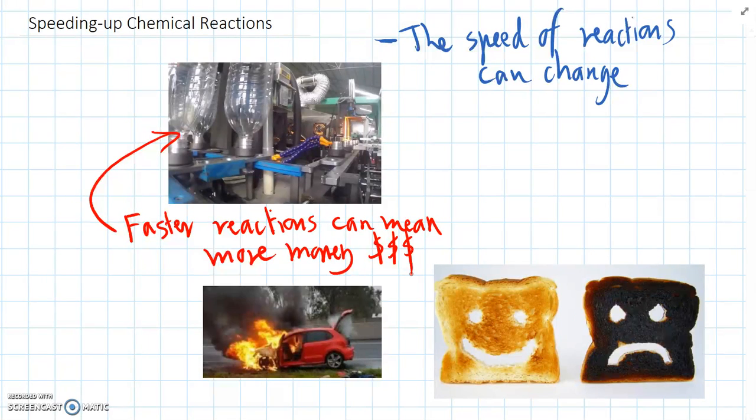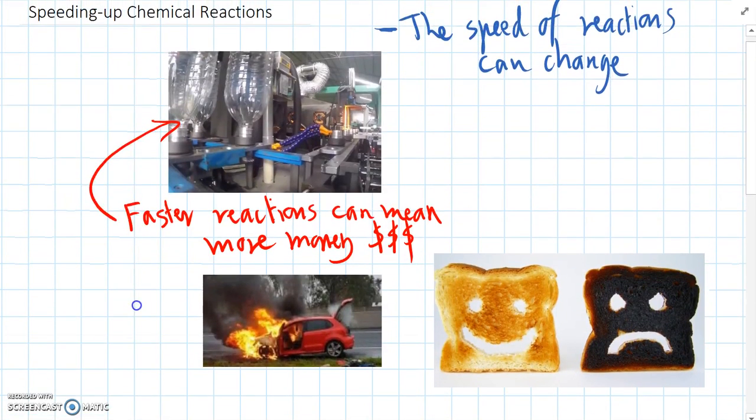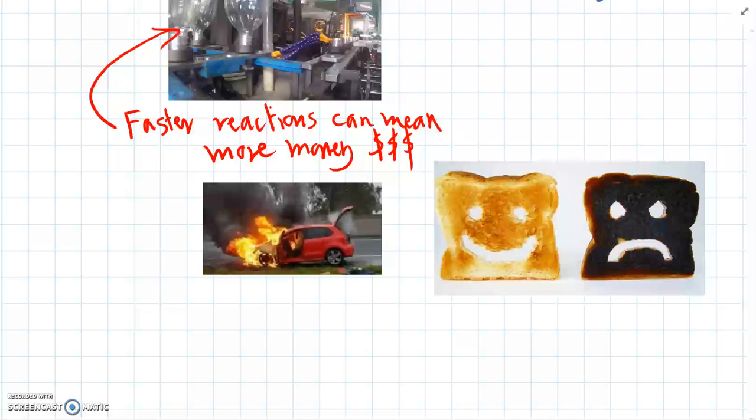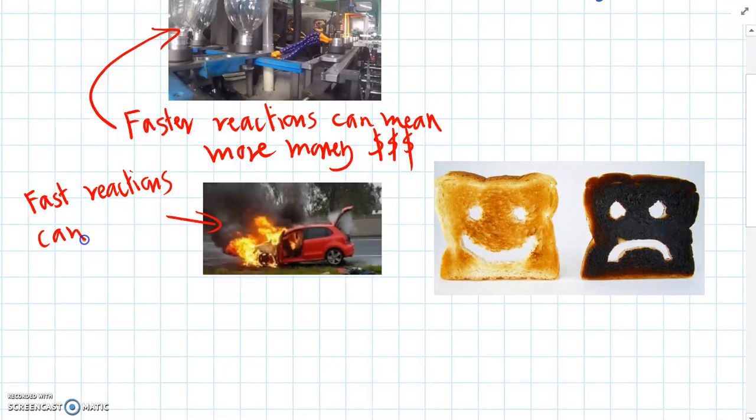But on the other hand, if reactions go too fast, then they can be dangerous or not what we want. So, on the other hand, fast reactions can be dangerous. Because when we look at all the petrol in our car, we don't want that petrol to start burning.